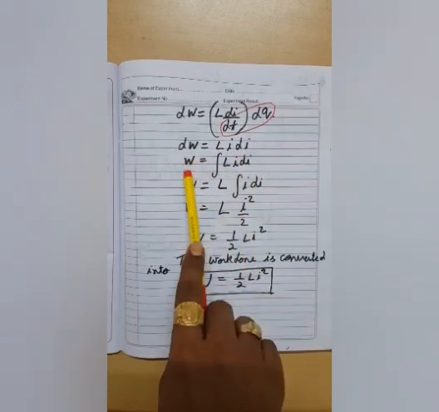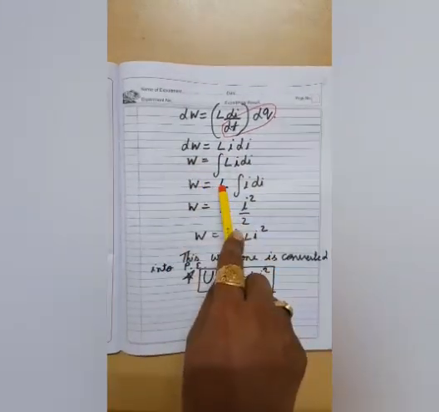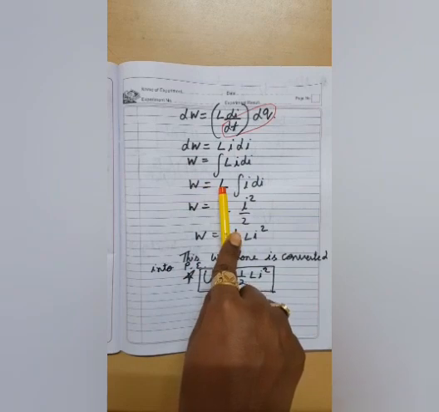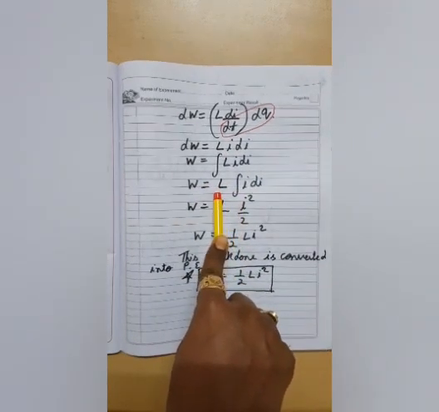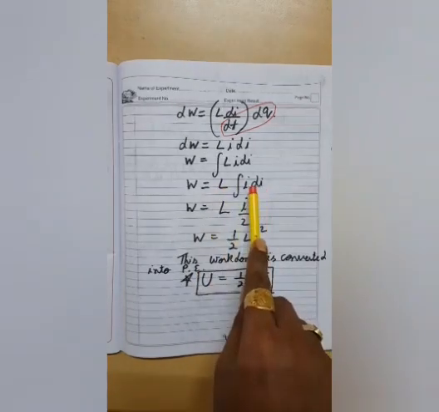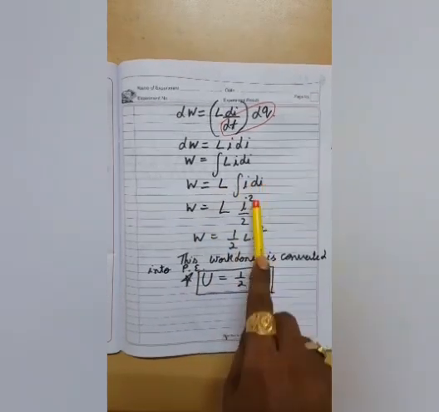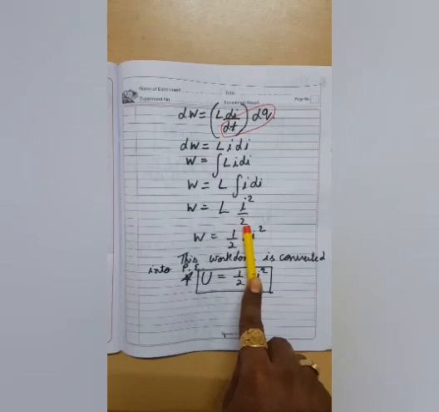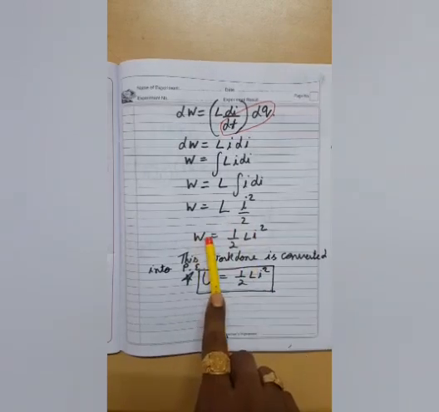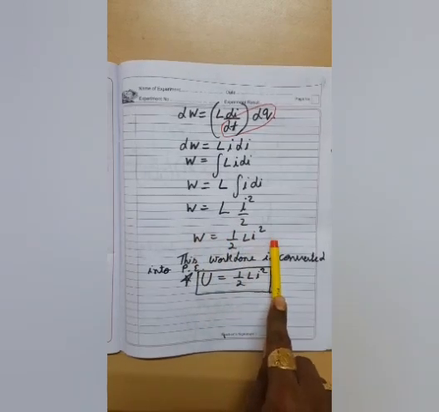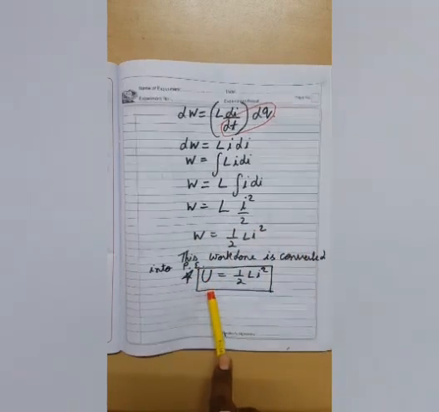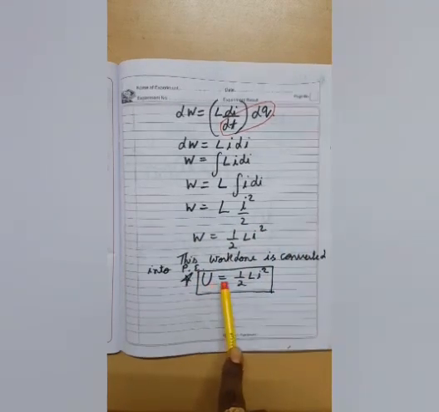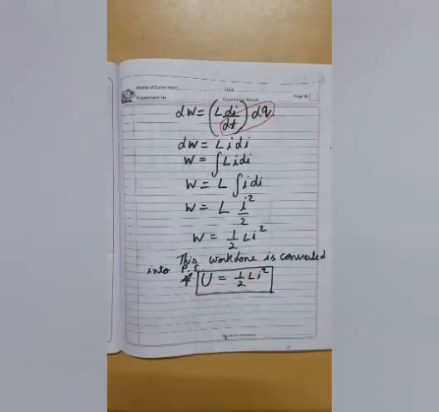Now to find W, we take integration, and I have taken L out of the integration because it is a constant. When we integrate I with respect to I, this becomes I square by 2, and our work done becomes half Li square. This work done is converted into potential energy, and this is our energy stored in an inductor, that is U is equal to half Li square.